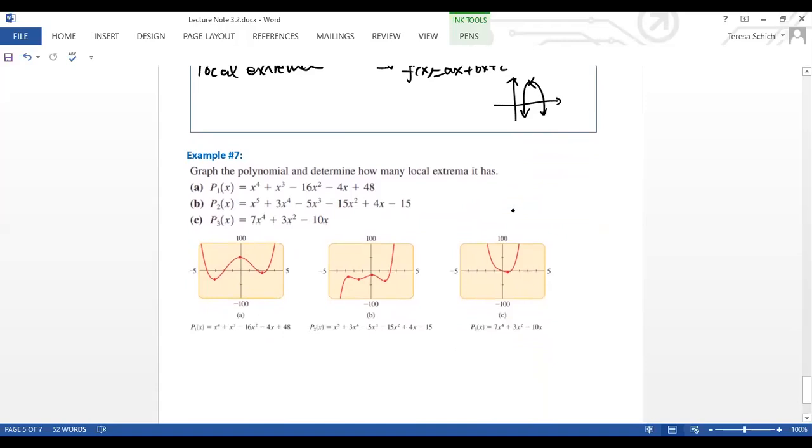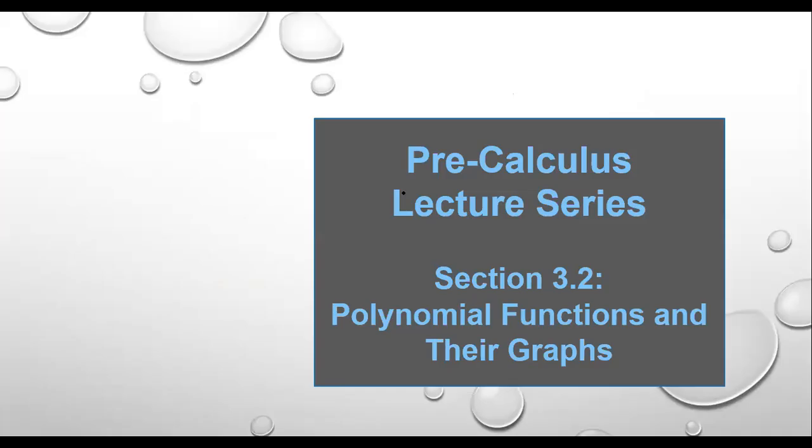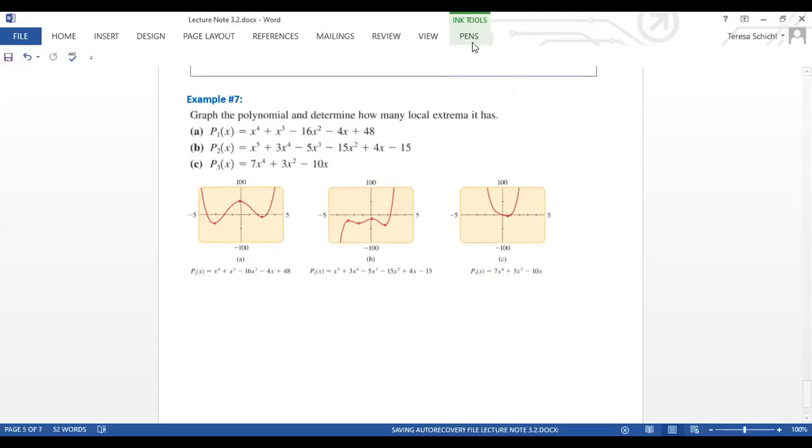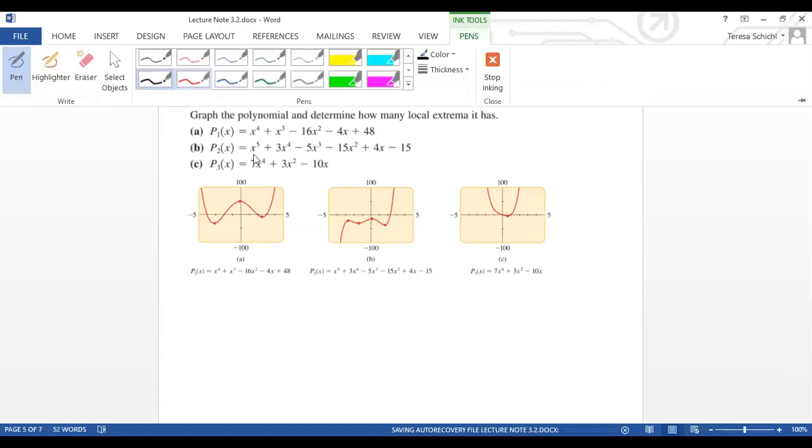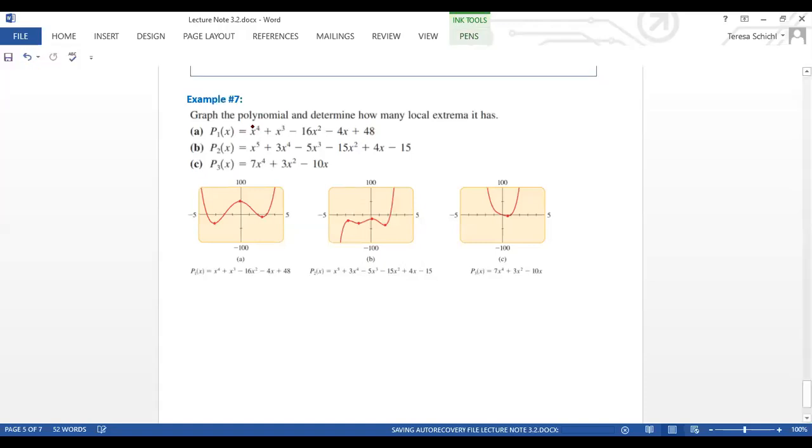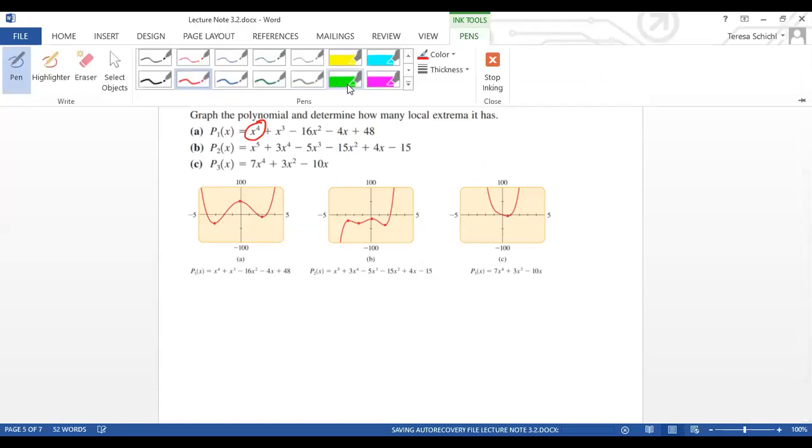Let's graph the following graphs and determine how many local extrema each one has. The first one is x to the 4th. That means I cannot have more than 3, because it's n minus 1. So I can only have a total of 3 maxima or minima here.